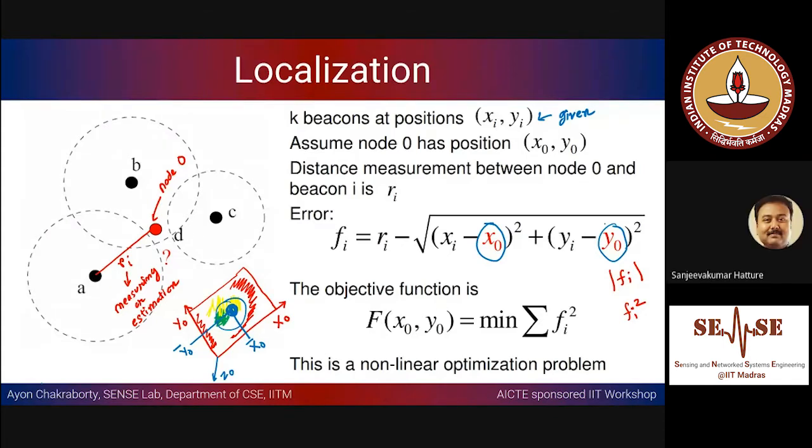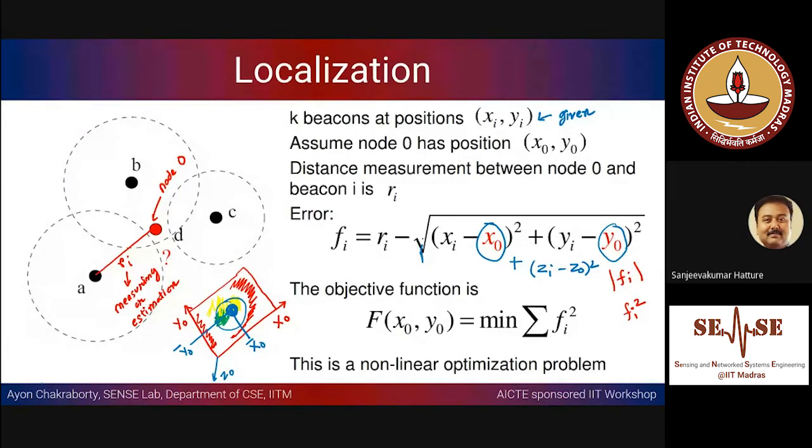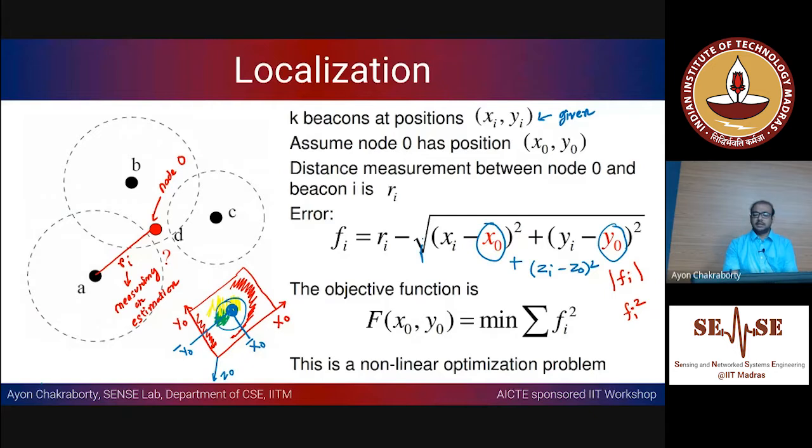Sir, one more query. Is two-dimensional sufficient, or do we have to compute for three dimensions? No, you can do three-dimensional. It's just an additional thing that you have to do: zi minus z naught, squared. The equation doesn't change a whole lot. It's a Euclidean distance, right?